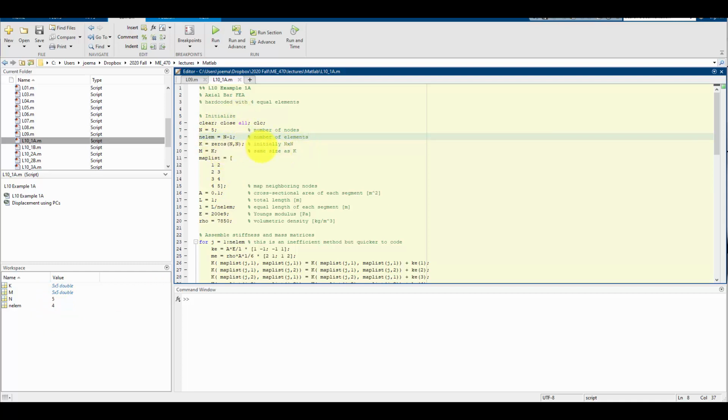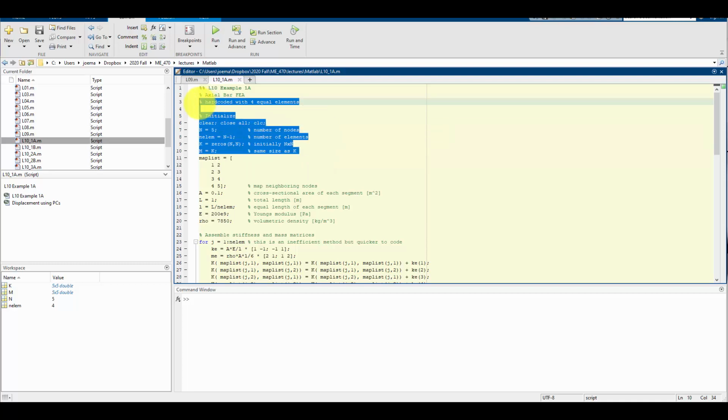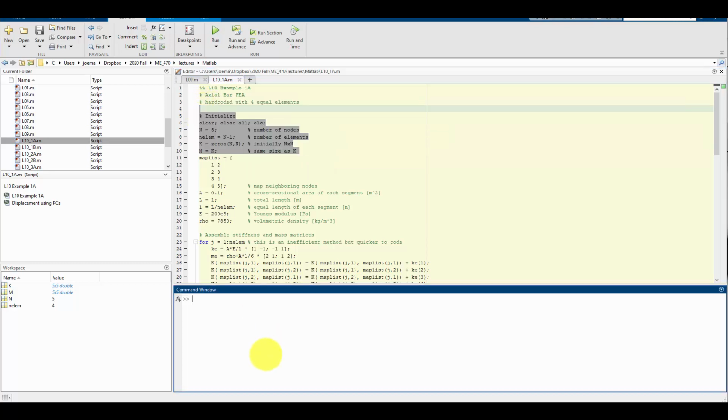So the global stiffness and mass matrices are going to start as 5x5 systems because I have originally 5 degrees of freedom that I'm using. So I am just pre-allocating them to be 0 matrices. When I go through the assembly process using the local stiffness matrices, we're going to see that this is going to fill in.